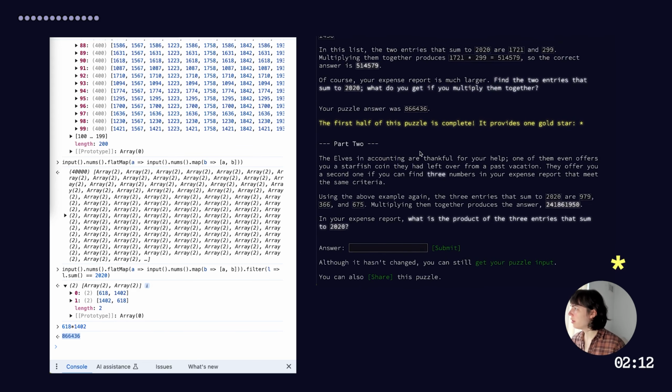Part two. What is the product of the three entries that sum to 2020? Okay, we just want to do this again. Are we going to get lucky on having this be relatively easy or not?